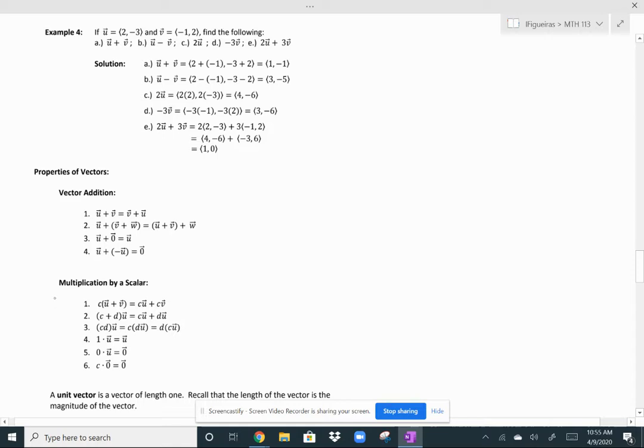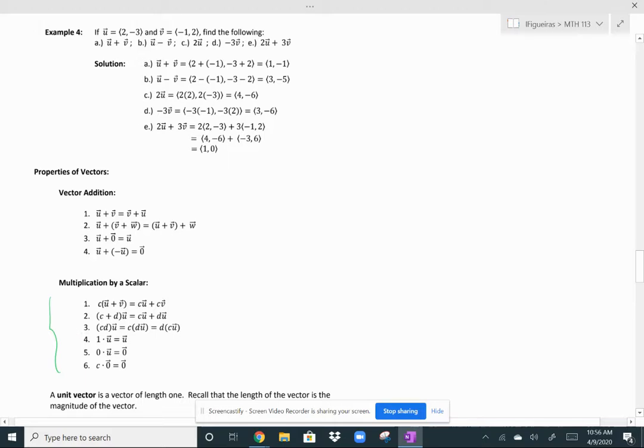Here's some other properties that should look familiar to you. So if I have a scalar c multiplied by vectors u and v, that's cu plus cv, like the distributive property. Similarly with the second one, if you have two scalars, c plus d multiplied by vector u, that's the same as c times vector u plus d times vector u.